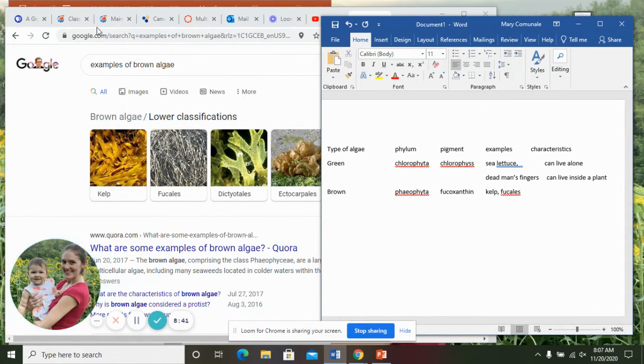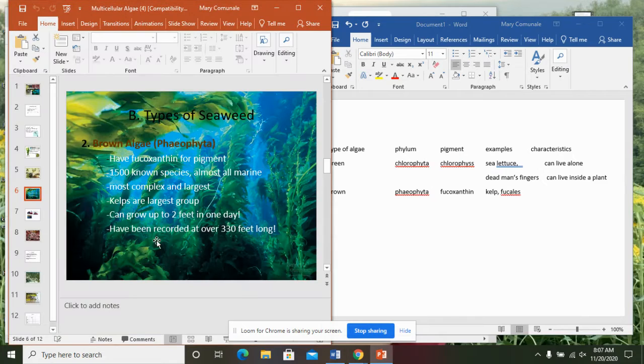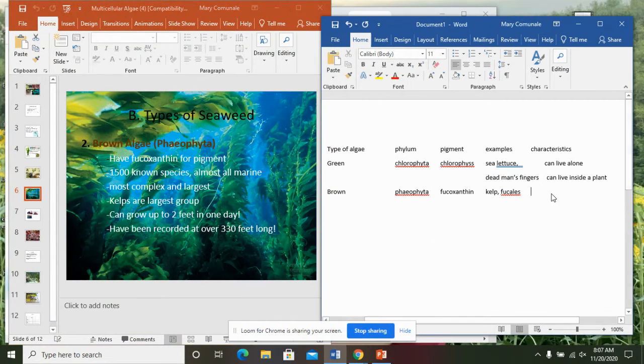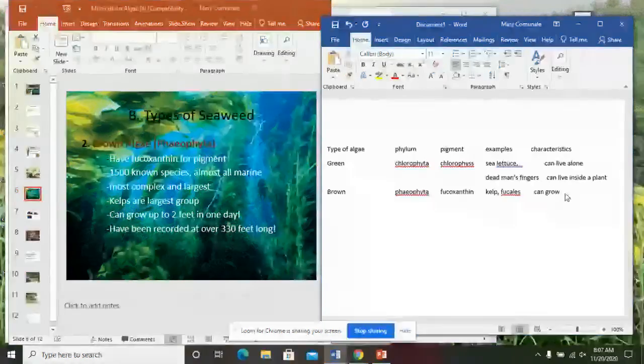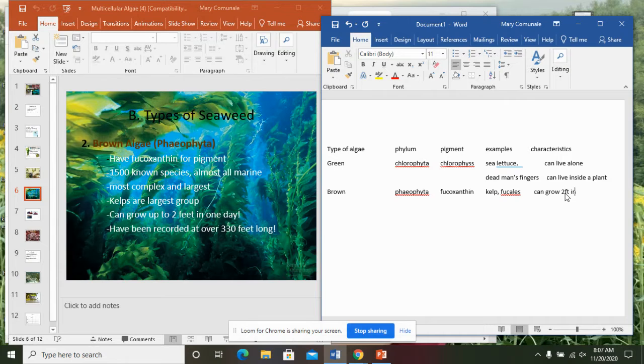And then for some characteristics, they can grow 2 feet in one day, which is pretty interesting, I think. Most plants can't do that. And also, let's say they can grow over 330 feet, which is also a really unusual characteristic for a plant.